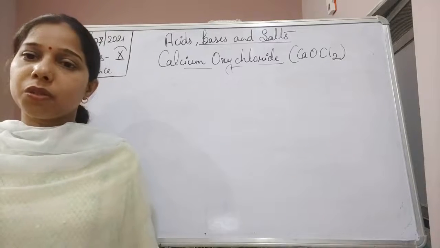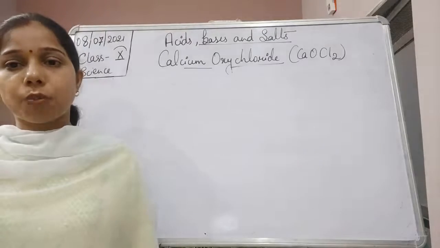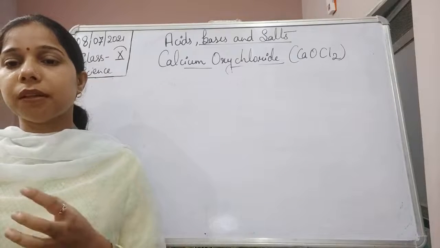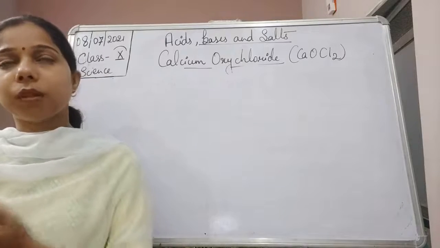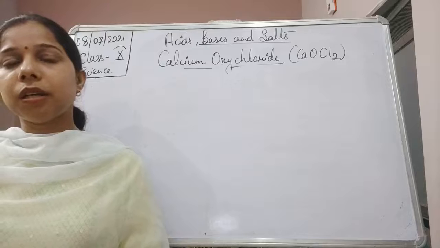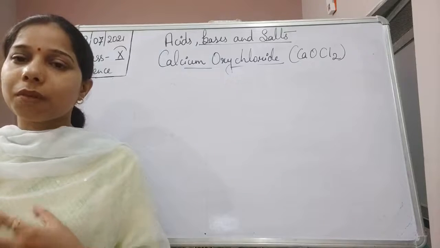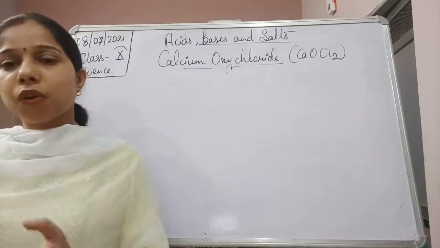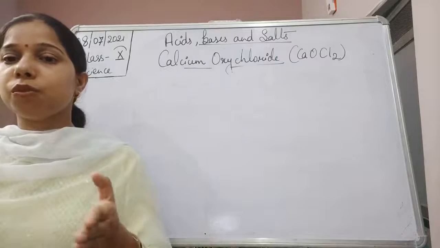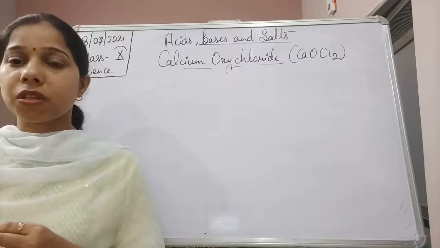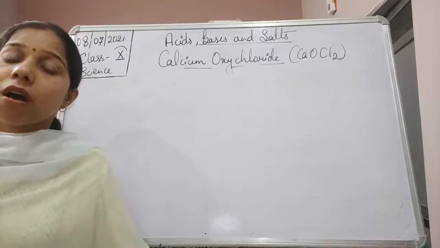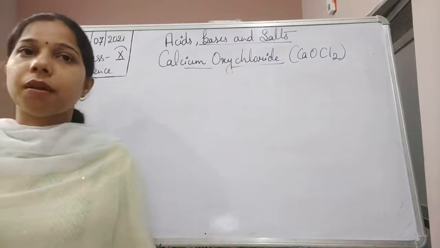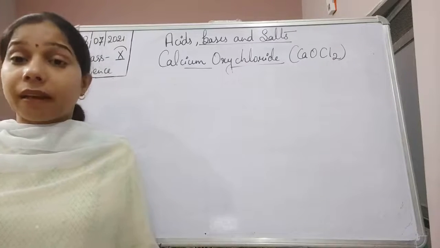Talking about the properties of sodium carbonate, students, it is a white crystalline compound. Sodium carbonate is used for laundry, for cleaning purposes, and for washing. It is used in the manufacture of soap and in the manufacture of glass.